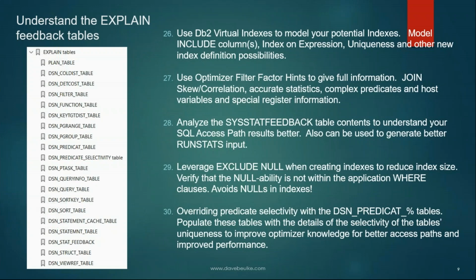Also, make sure that you understand when DB2 is going after your table, you can look at the DSN_PREDICATE_TABLE, and this will give you the information of how the optimizer is thinking about your different access paths and things that are happening within your overall performance.